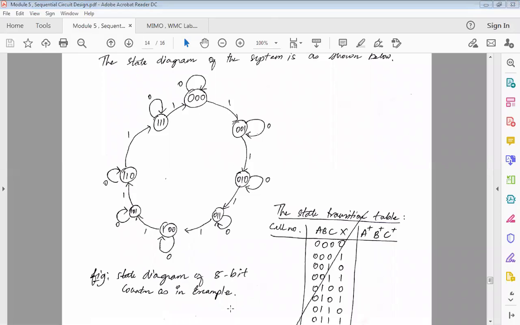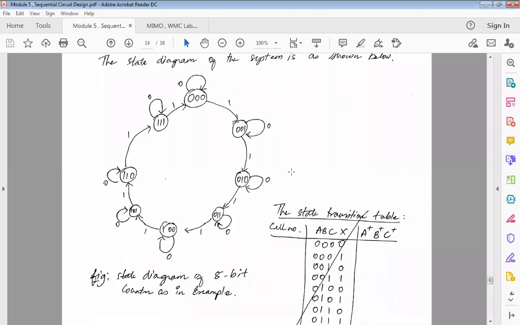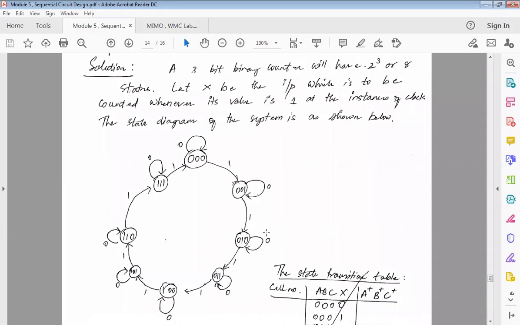Can I proceed now? Yes, sir. Okay, good. So if you understand the problem very properly, you can design this state diagram in your mind itself and directly start drawing it.